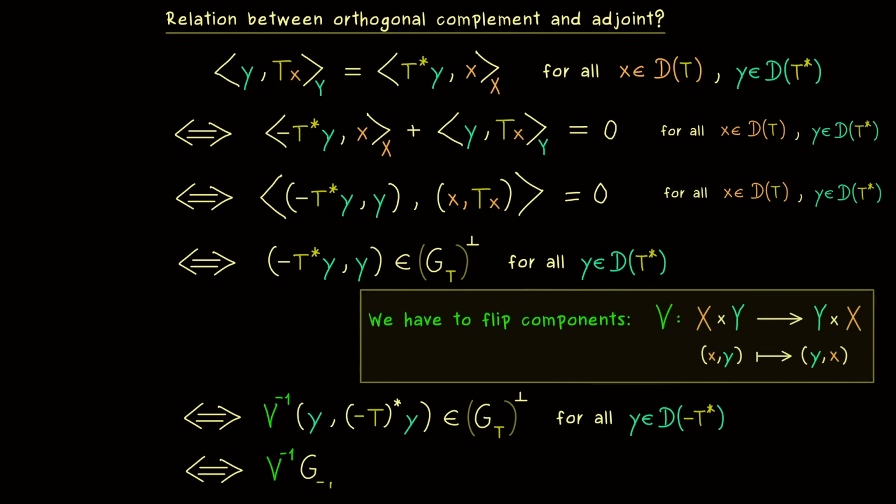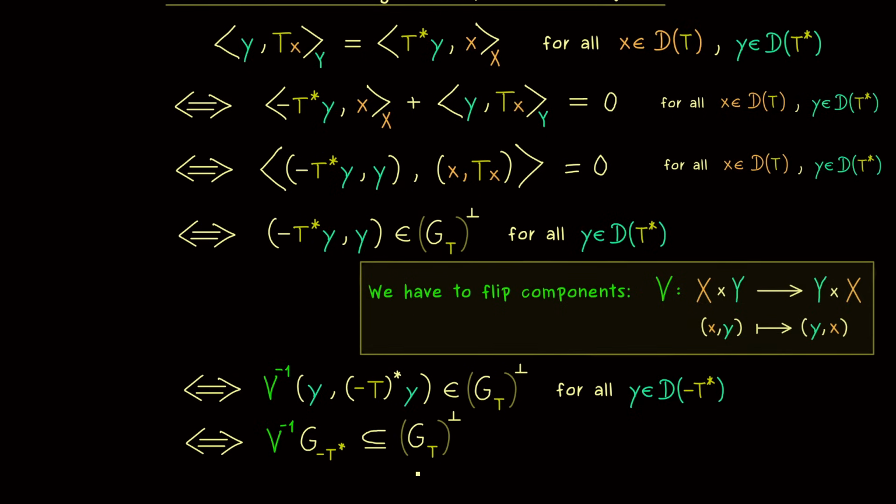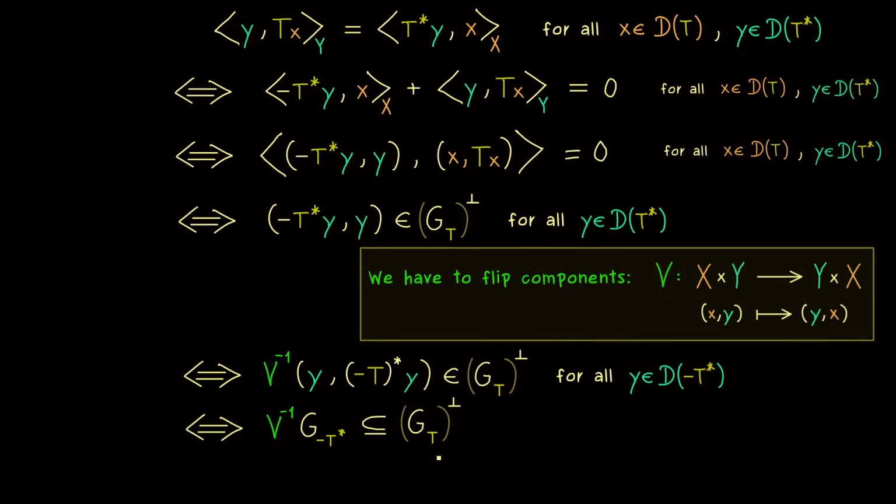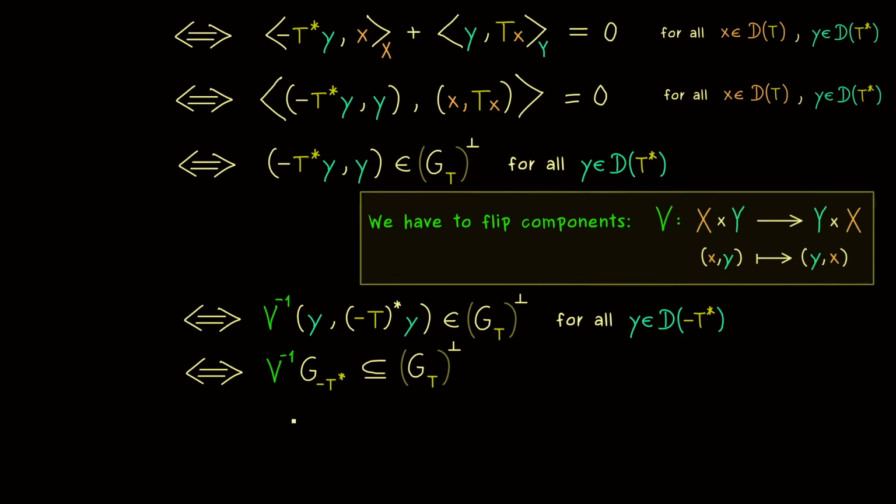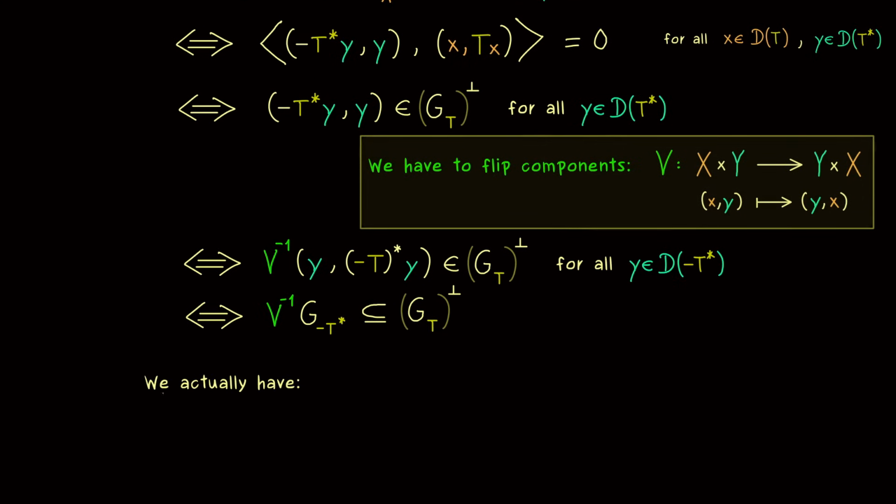On the left hand side we have the graph of -T*, and then we have a set inclusion where on the right hand side we have the orthogonal complement of the graph of T. And the equivalences tell us that this set inclusion is always correct because the formula from above is always correct. And now it turns out that we also have the other direction of the set inclusion, so we actually have an equality here. So this is a formula you definitely should remember because it gives us the relation between the orthogonal complement and the adjoint of T.